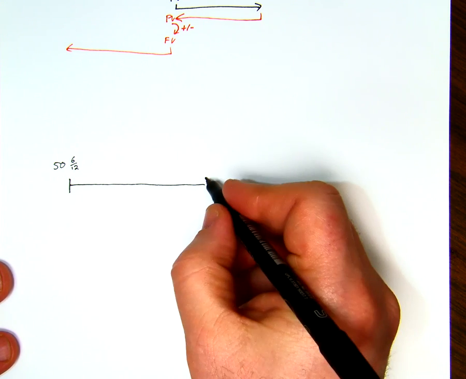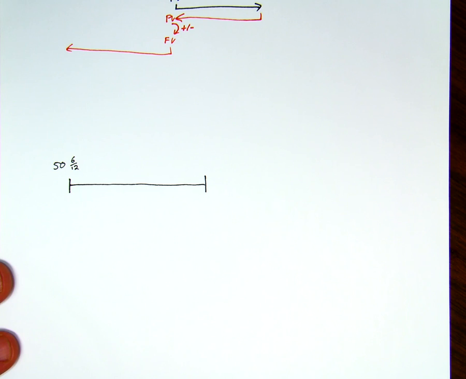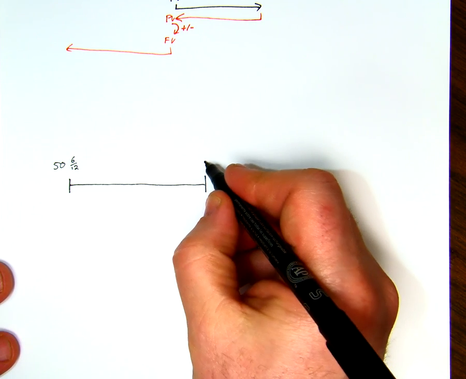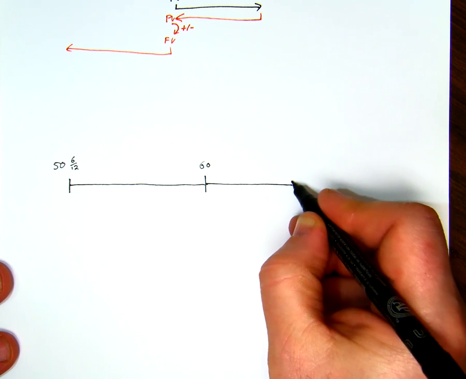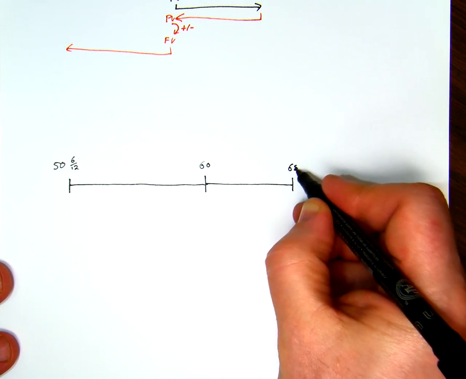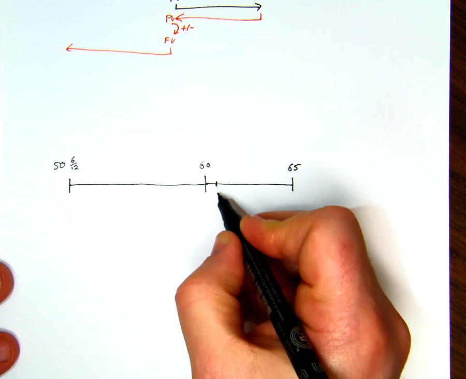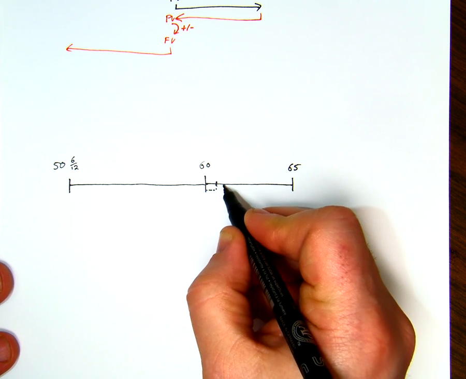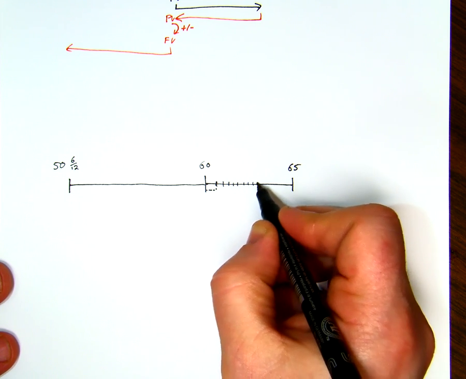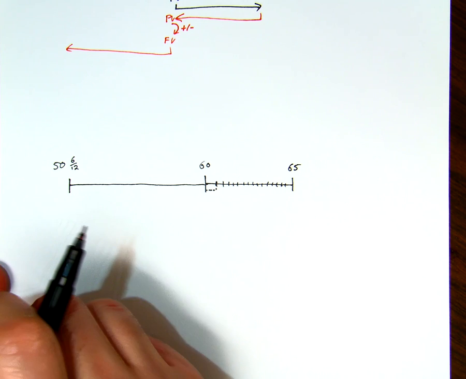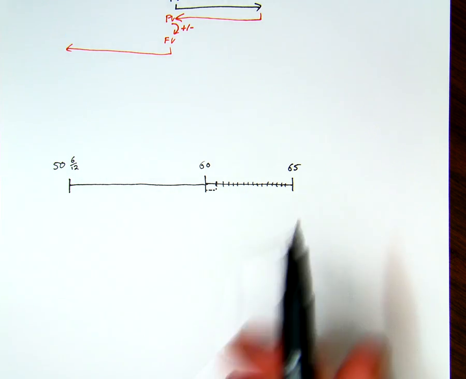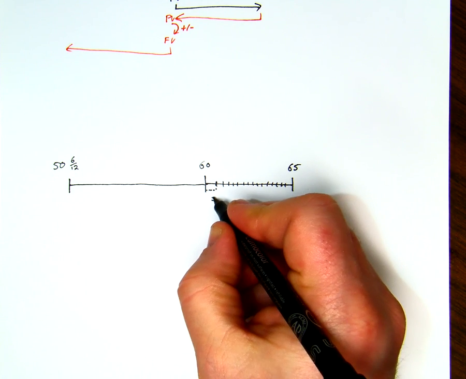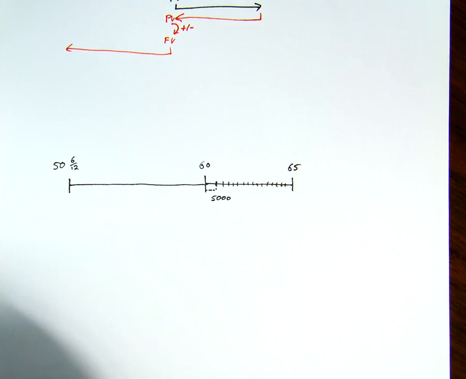This amount of money is going to sit in the bank account until he gets to age 60, and this is going to go until age 65. The first payment is going to be after the 60th birthday. So we have all these payments in here, and he's going to get paid $5,000 every 3 months. Because he's getting paid, this is going to be positive $5,000.